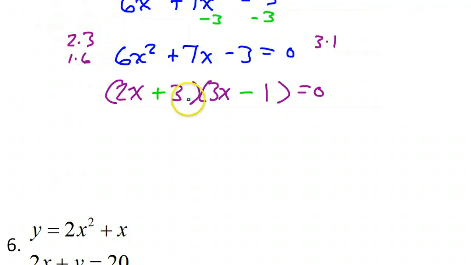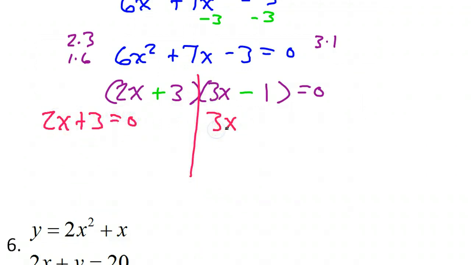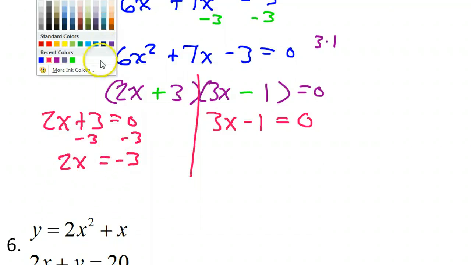Alright. I'm going to set these factors equal to 0 now. So if I do that, I'm going to have 2x plus 3 equals 0, and I'm going to have 3x minus 1 equals 0. So subtracting 3 from both sides, that'll be 2x equals negative 3.